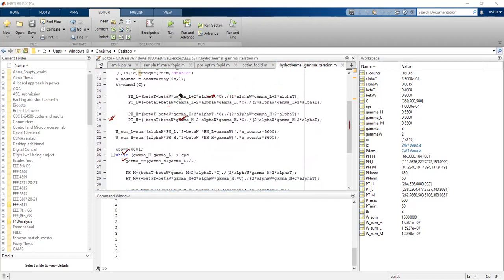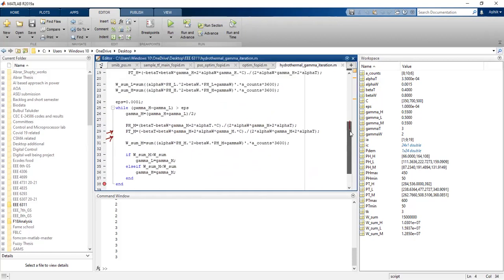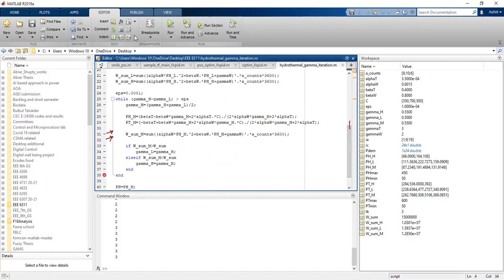Once we calculate this PHL, PTL, PHH, and PTH, we can calculate the total water consumption for gamma L and water consumption for gamma H. How much are they? Let's see. Let's run the code.